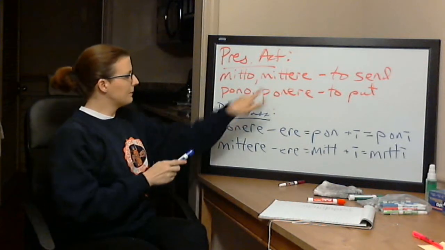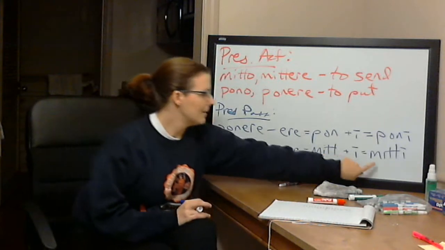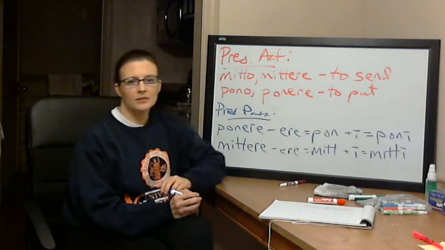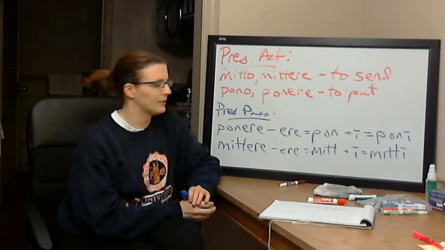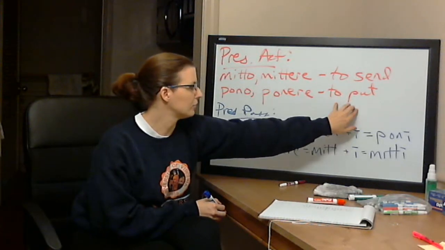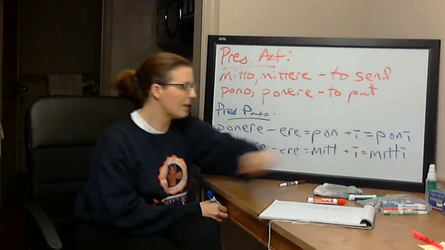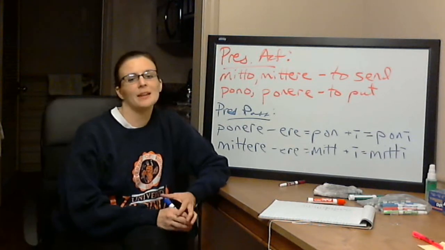And so while mittere is translated as to send, I remember to send my mom a card, mitti is to be sent. So no student likes to be sent to the principal's office. So pono, ponere, that ponere gets to translate as to put. Poni, the passive infinitive, however, is to be put. No one likes to be put in their place.